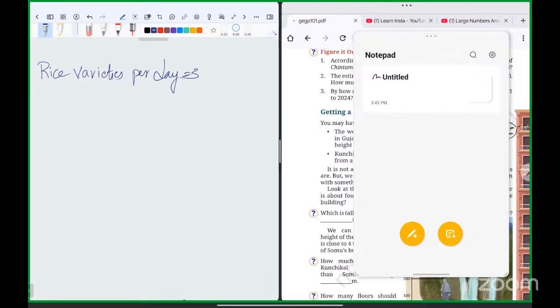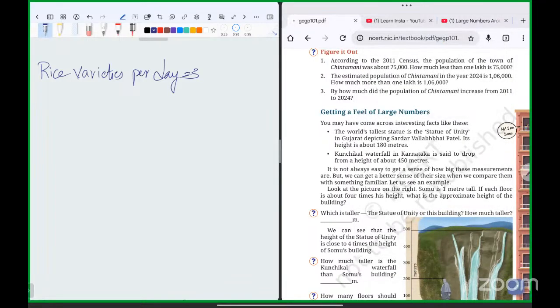Will they be able to taste all the lakh varieties in a 100-year lifetime? Just the timeline is increased. The number of varieties per day is increased to three.